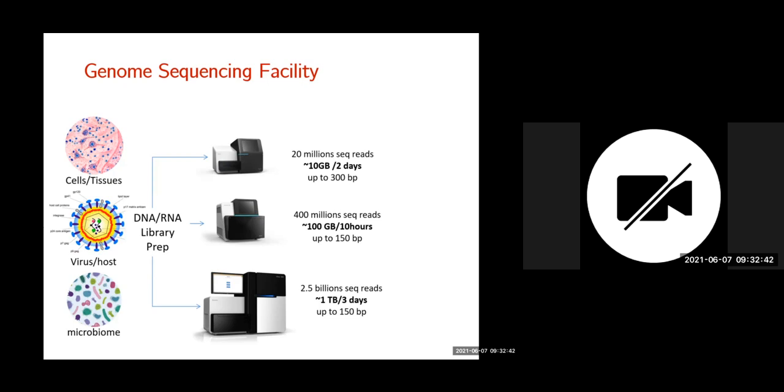Here at UT Health, there's one such machine. The throughput is really huge, so one machine is enough to service the needs of the entire university. In San Antonio, I'm not sure, there are probably 3, 4, or maybe more such machines.